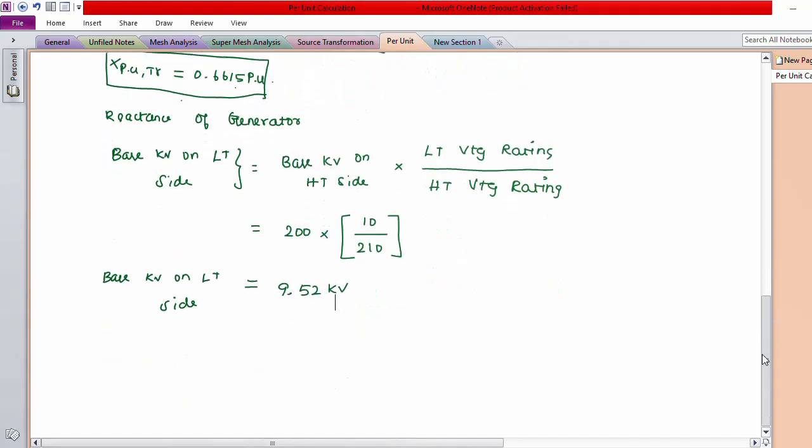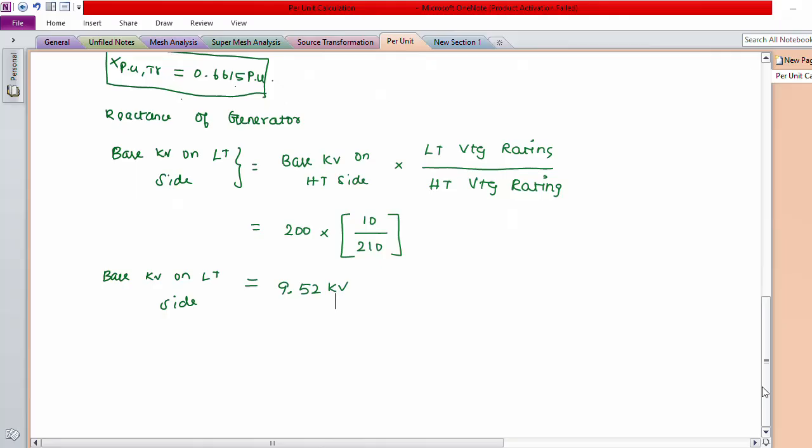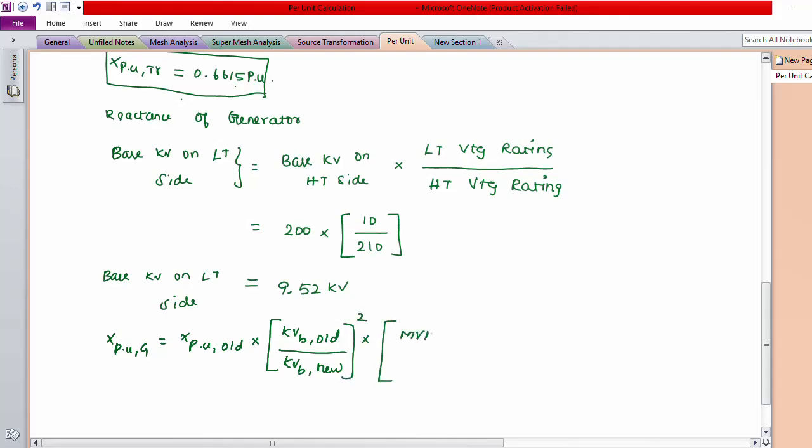Now we have to use this value for determining the reactance of the generator. So the formula for determining the reactance of the generator is X per unit generator equal to X per unit old into kVb old divided by kVb new, the whole square, into MVAb new divided by MVAb old.